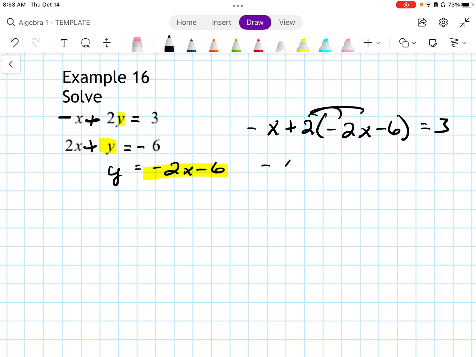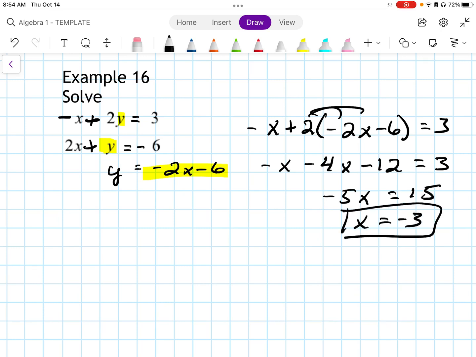Distributing the 2, I'd have -x minus 4x minus 12 equals 3. So -5x equals 15, and x equals -3. So right now we should be able to say that this is not a special case scenario. These two lines cross, and they cross at a point.